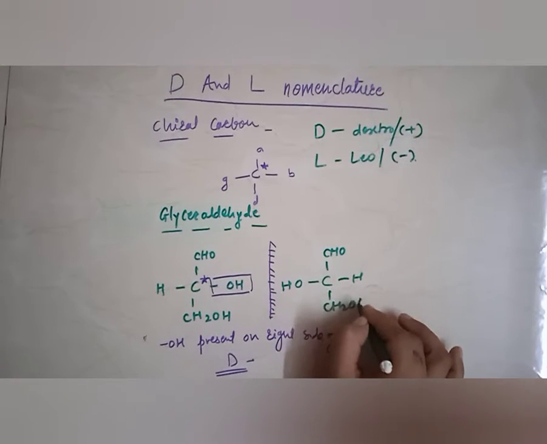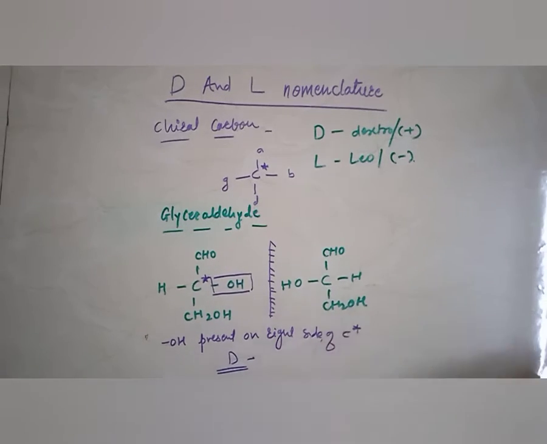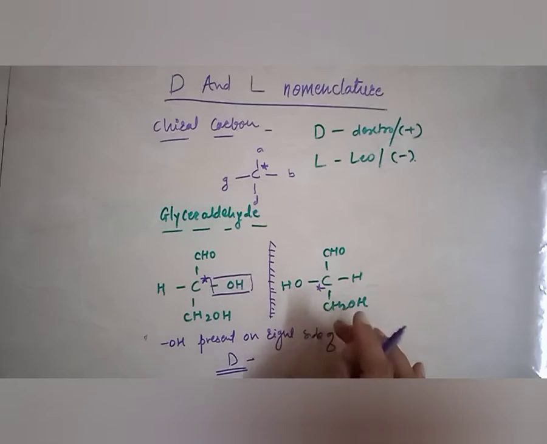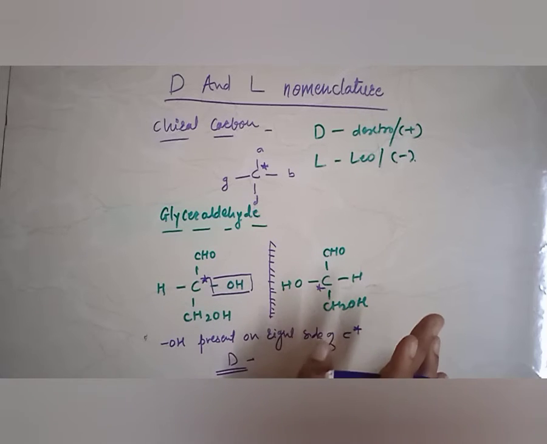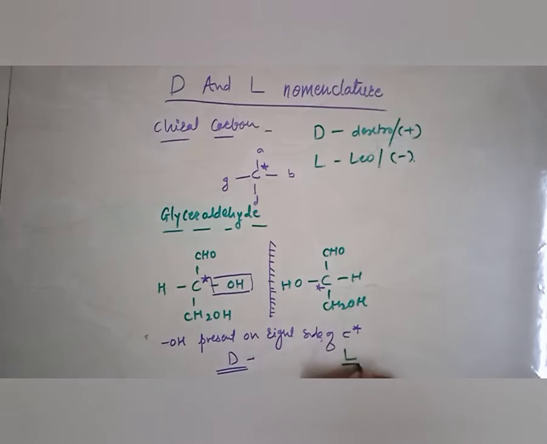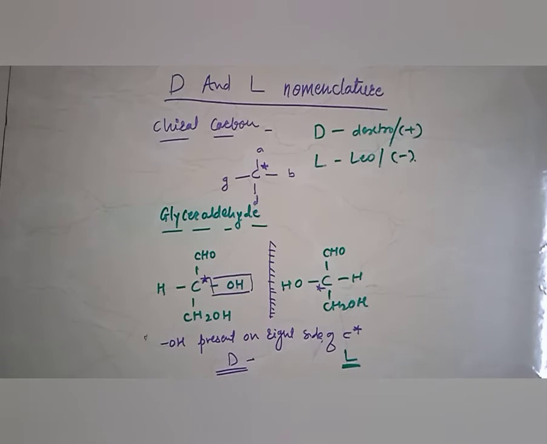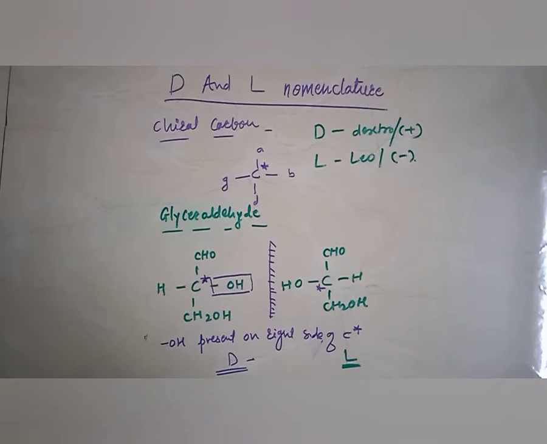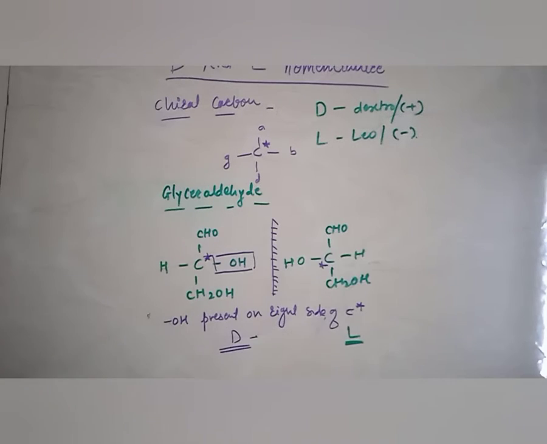The other groups are the same as before. So this OH group is on the left side, and this is known as Leo or L. In short, the OH group present on the left side of a chiral carbon is known as a Leo compound.